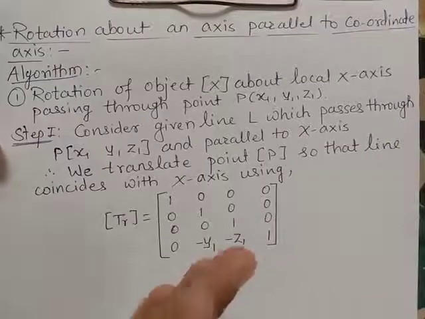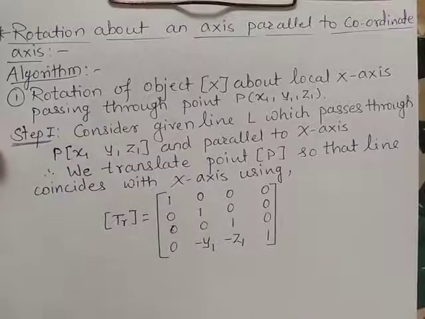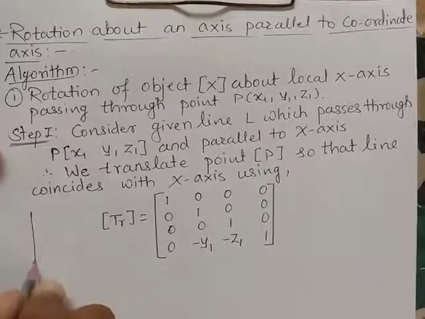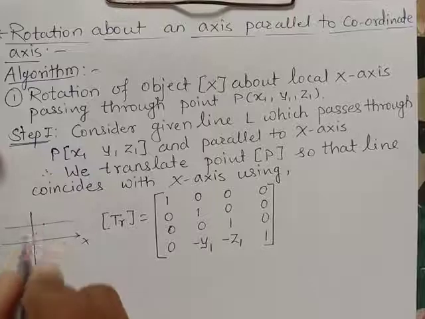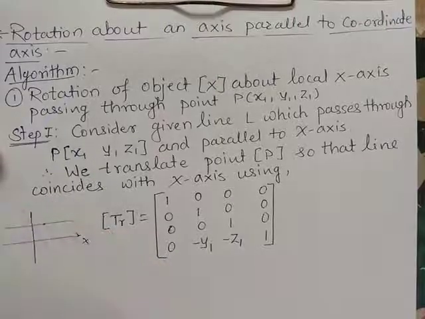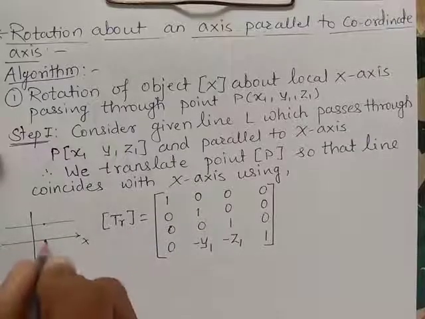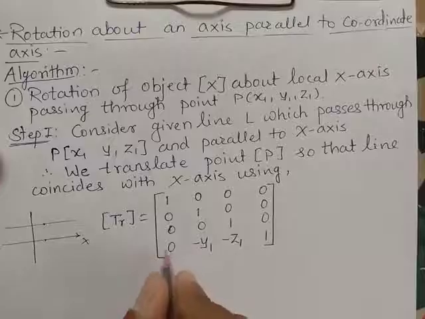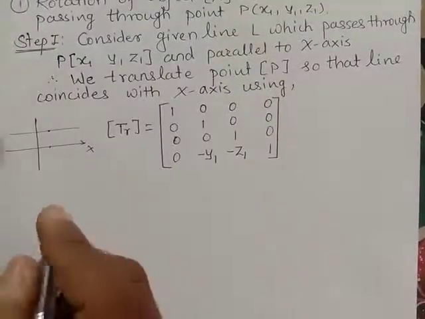Here we are translating along a line parallel to the x-axis. Look here. Suppose this is our x-axis and this is a line with a point; we will translate in this direction, so y and z will change, not x, and that point will come on the x-axis. That's why we have taken 0 here.